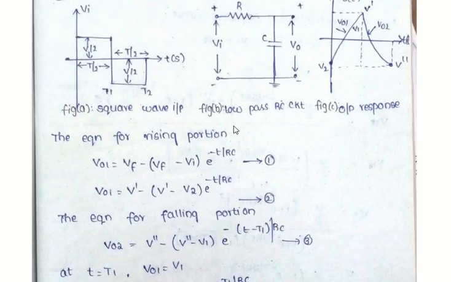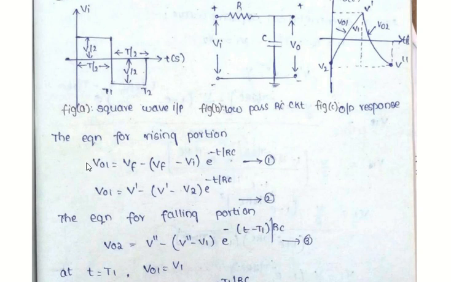Now we are going to derive the mathematical expression for the output response of a square wave input signal. Just now we said that there is a charging portion and a discharging portion, and the equation for the voltage developed across the capacitor is represented as V01. It is a standard form, equal to V final minus V initial into e power minus t by RC.